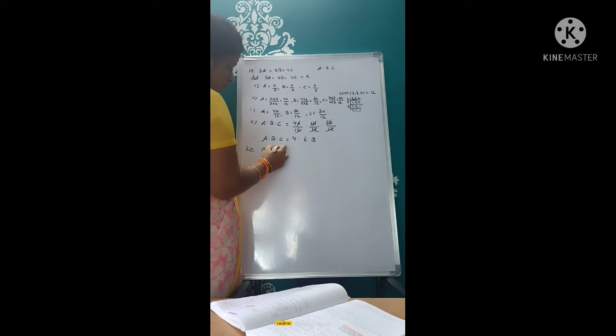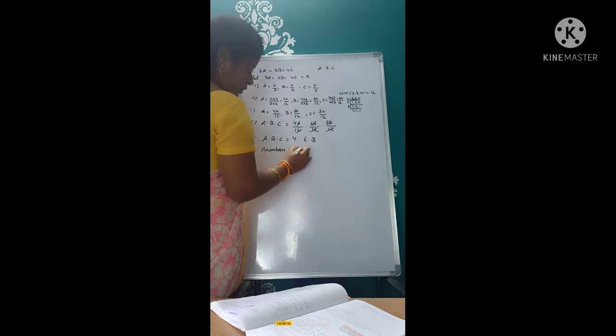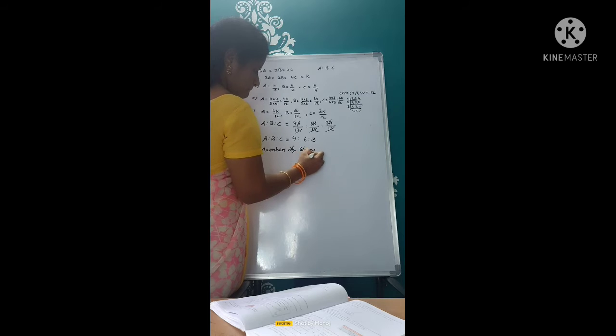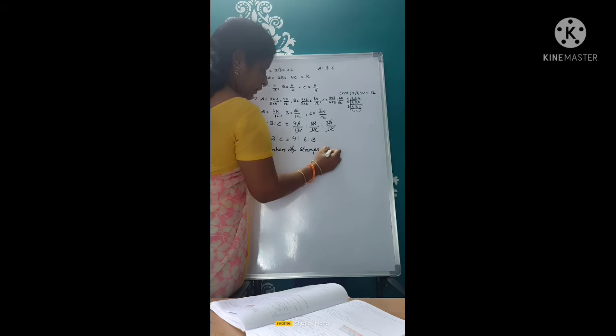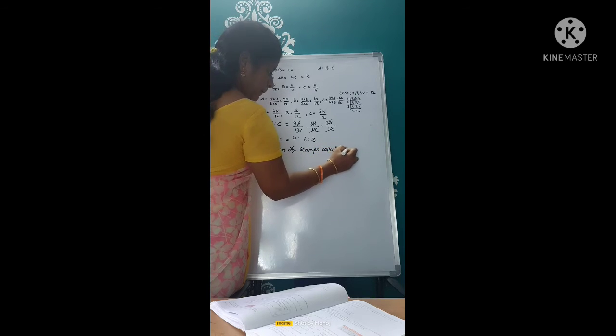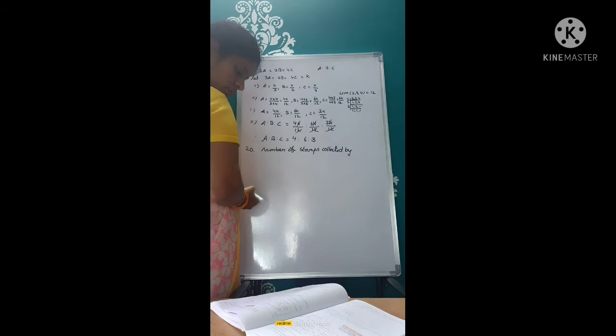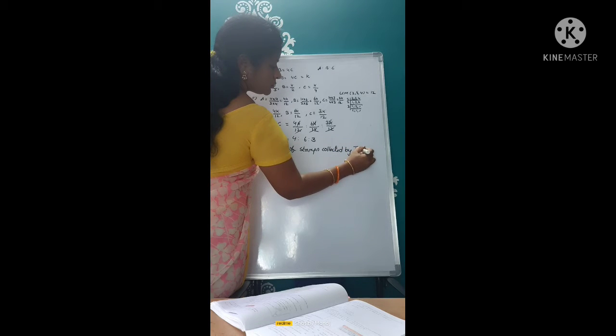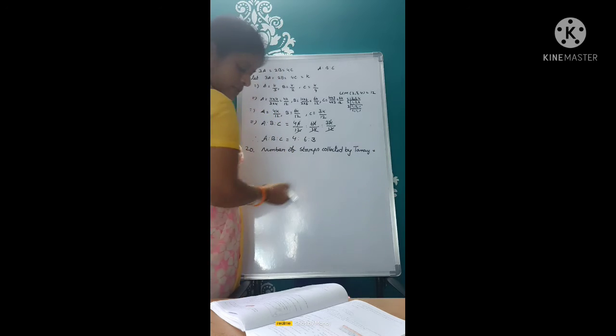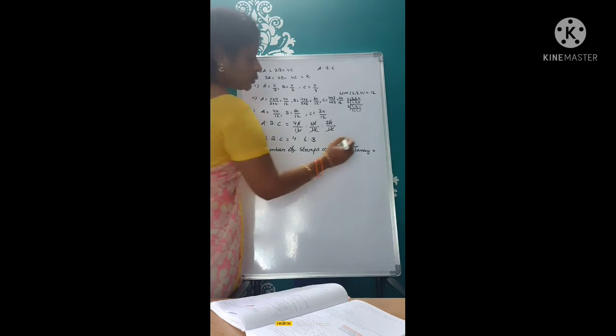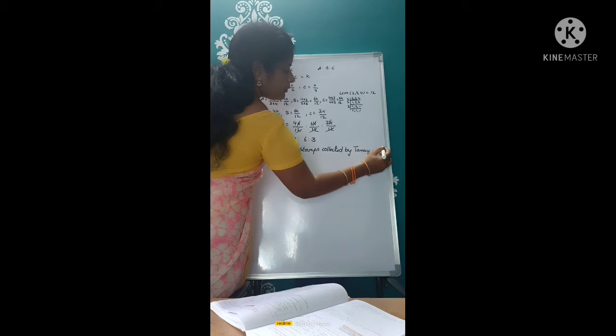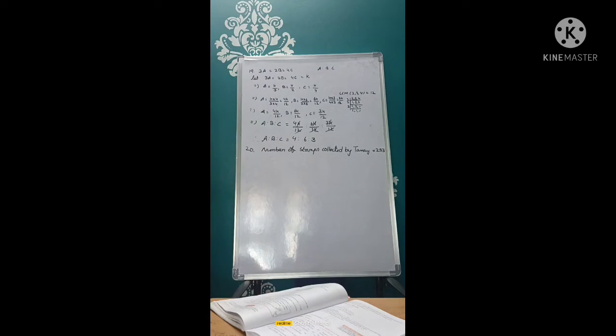So number of stamps collected by Tanay equals 253, stamps between his two sisters Shamali and Keya.